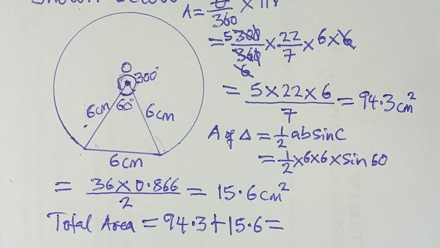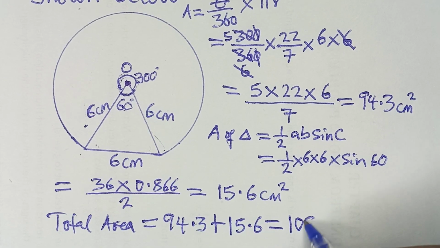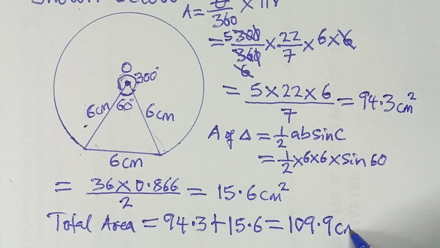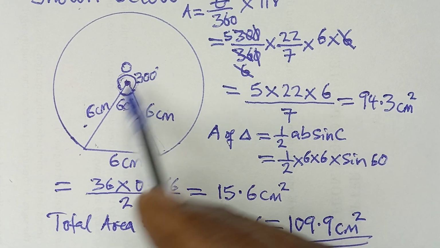When these two values are added, it gives us 109.9 centimeters squared as the total area of this shape.